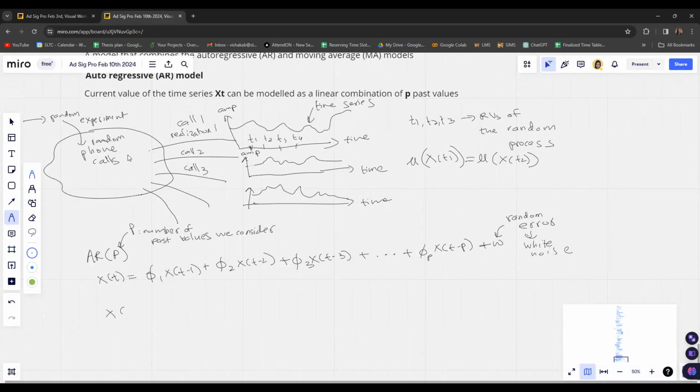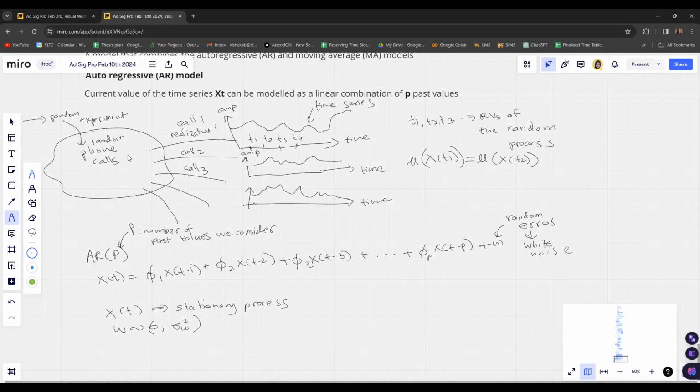The xt is assumed to be a stationary process. And the values of the W are determined by its mean and variance. So its mean is assumed to be 0 and its variance is assumed to be sigma squared W.